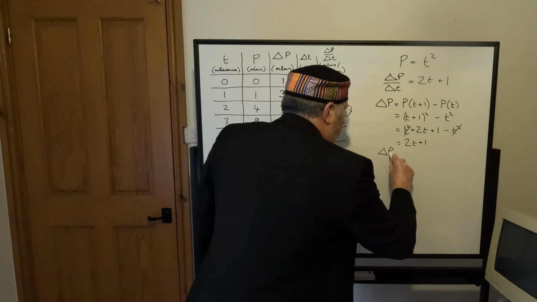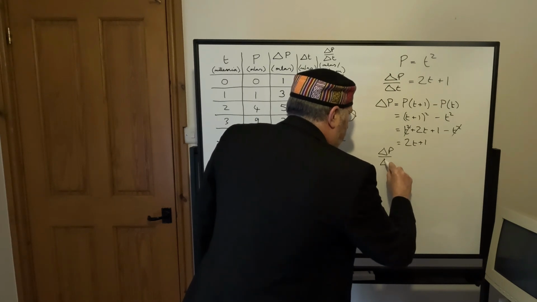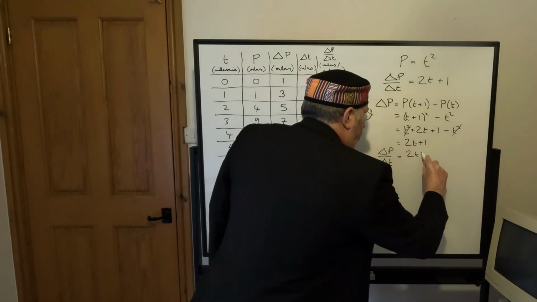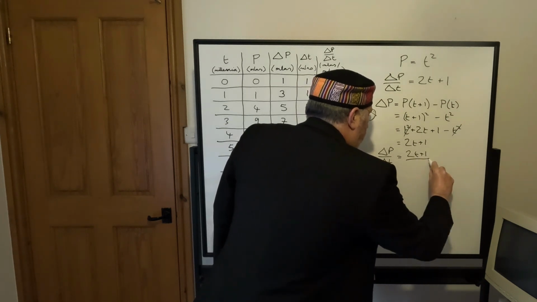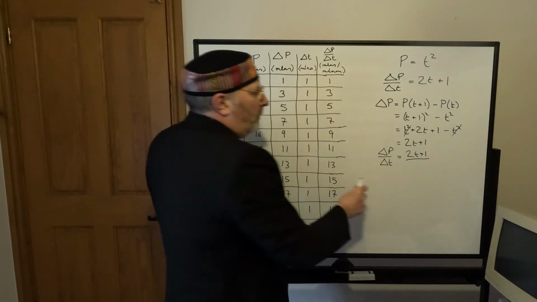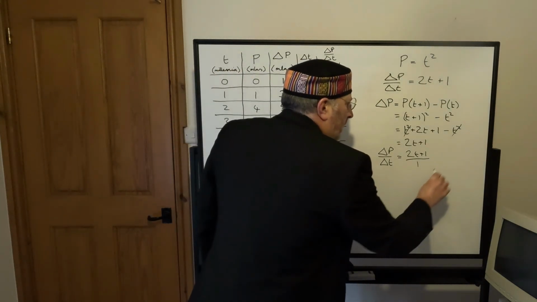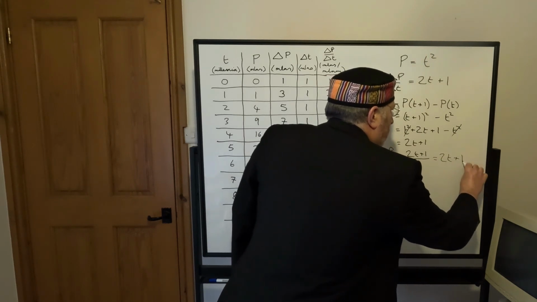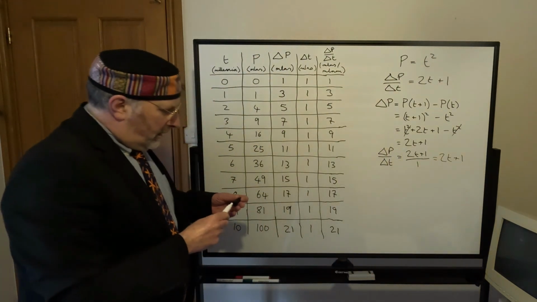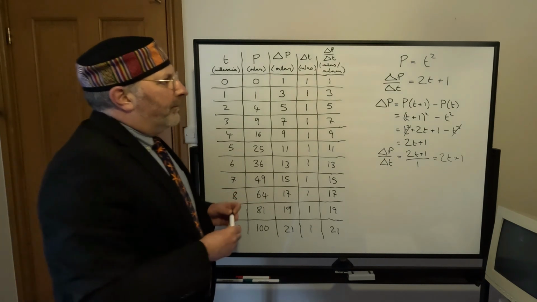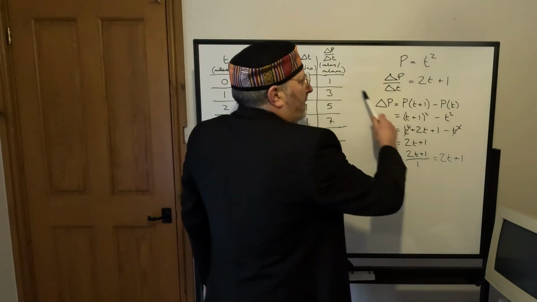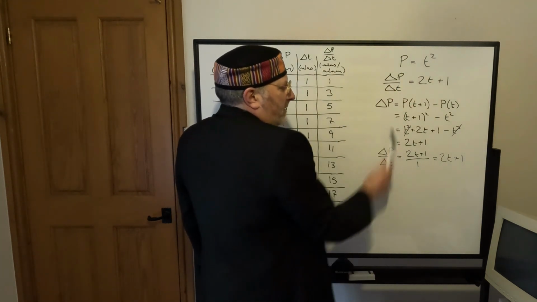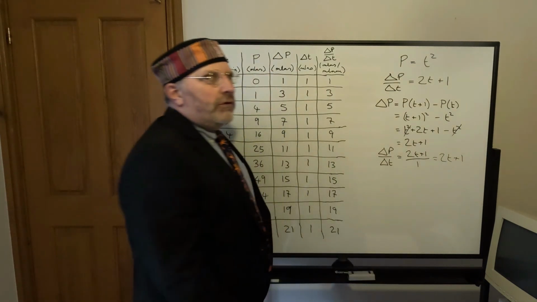Remember, we want to find the rate of change of population, delta p by delta t. So that is 2t plus 1 over, our delta t's were always 1. So it just comes back to 2t plus 1. So the rate of change of population, if p is t squared, comes out as 2t plus 1.